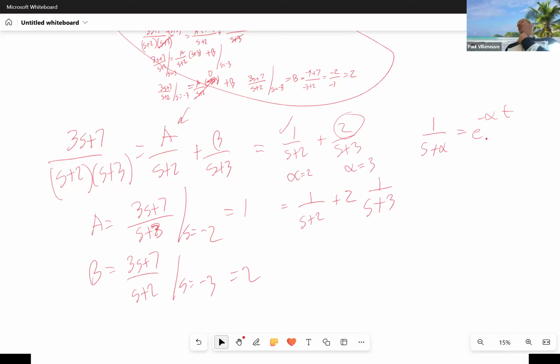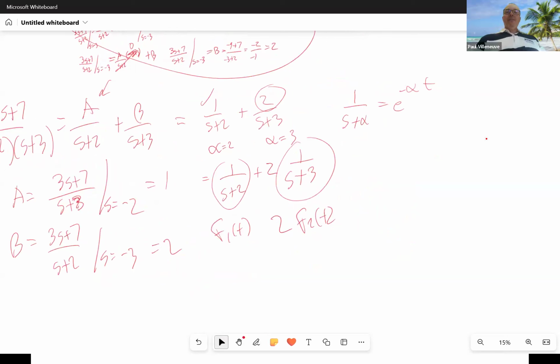Multiplication by a constant in the time domain is exactly the same as multiplying by that same constant in the Laplace domain. So I can take this function back here and get f1 of t, and this one over here and get f2 of t, and then I just multiply by that same constant.